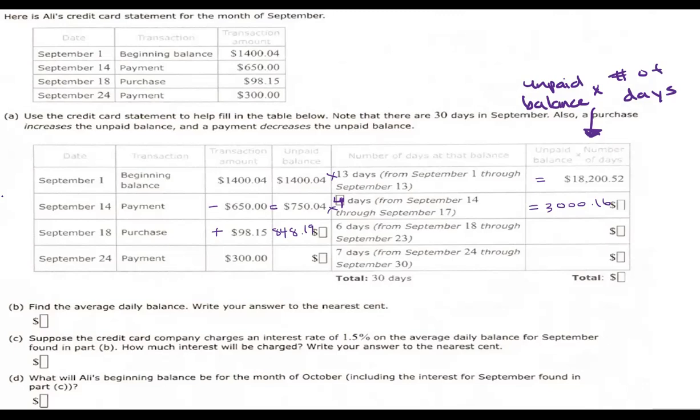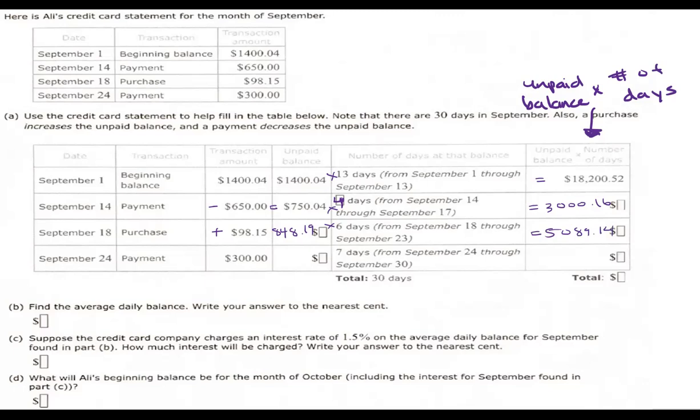And it was sitting at this number for 6 days. So we multiply those together and we get $5,089.14. So essentially, this is the weighted average that we talked about before.